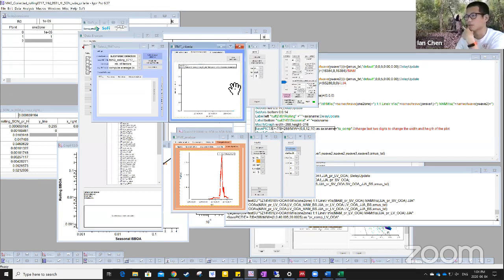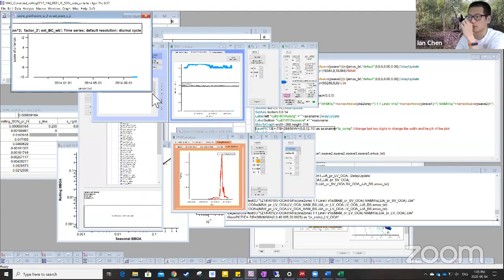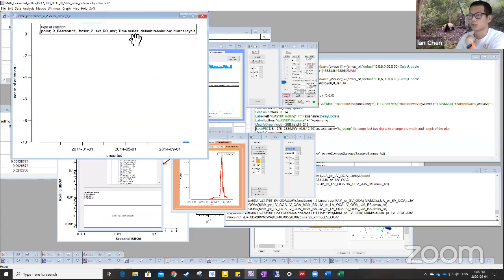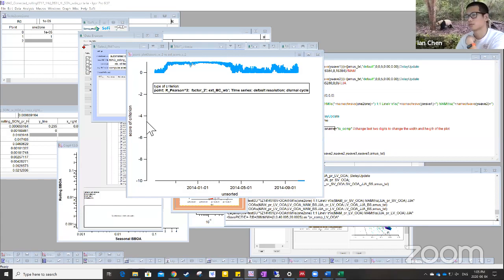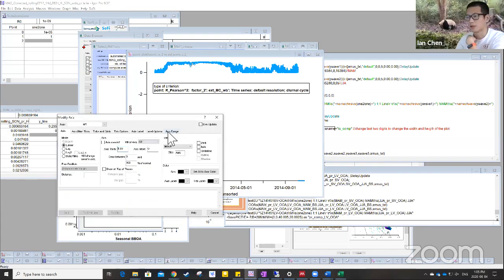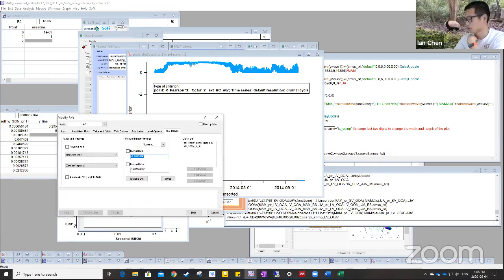Okay, so I'll just show an example. Maybe this is not so good, but just to show what the problem is and what we may have to change.